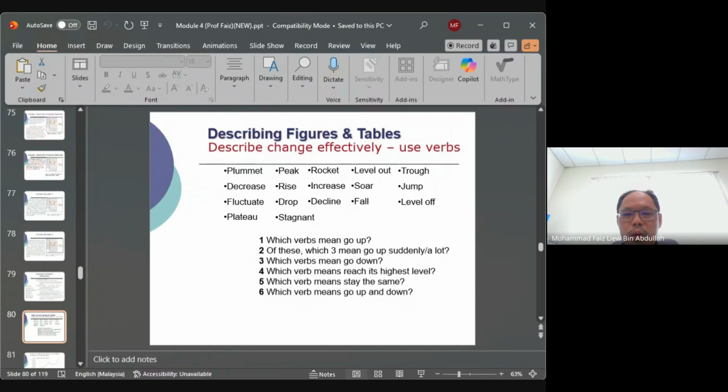Fluctuate means it's going down, another word for going down, because saying "drop" doesn't look nice. When you say fluctuate, it's decreasing slowly, bit by bit. So these are also keywords that you can use when you write your thesis to describe any figures.